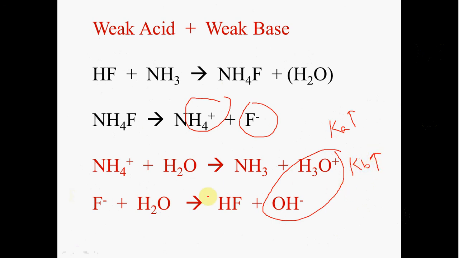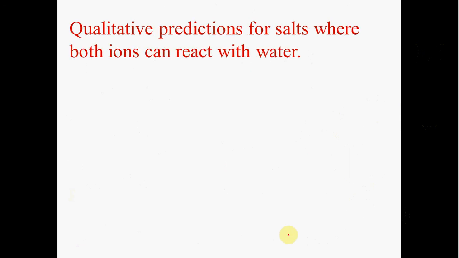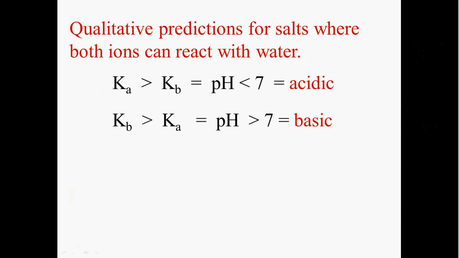So we'll talk about these types of problems more in class. You can qualitatively predict, but you won't know the exact pH. So if the Ka is greater than Kb, it's going to be acidic. If Kb is greater than Ka, it's going to be basic. And if they're equivalent, it's going to be neutral. But you would not be able to come up with the exact pH without doing math.